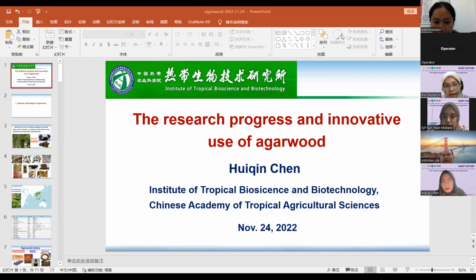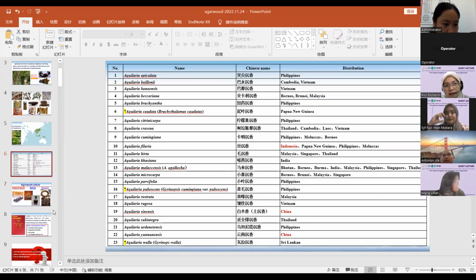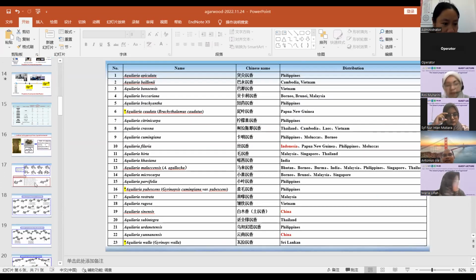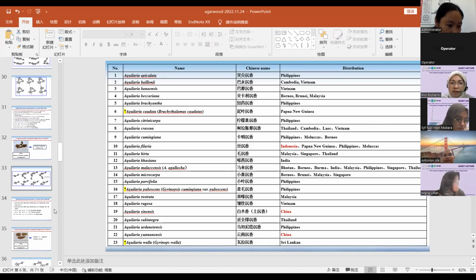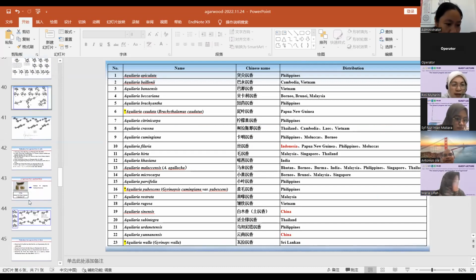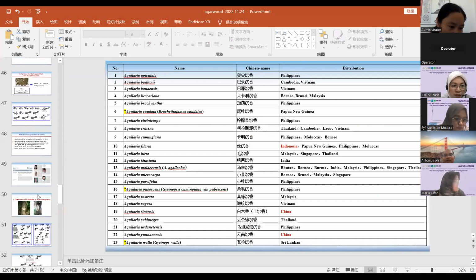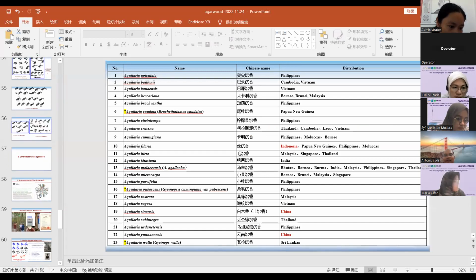Until now, we find the smell of natural agarwood is mainly from the sesquiterpenes, but like these two compounds, I will show you here, these two structures, the chromones. Yeah, the two chromones, right? The last one. I will show you these two chromones.